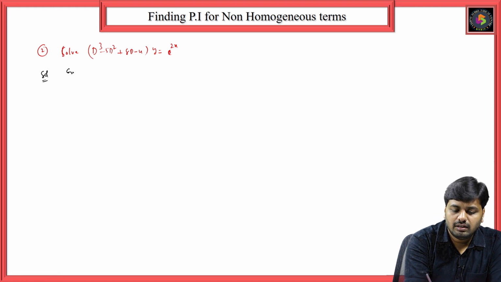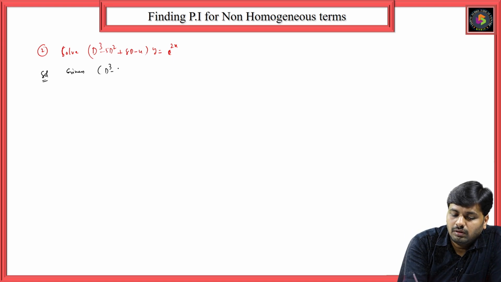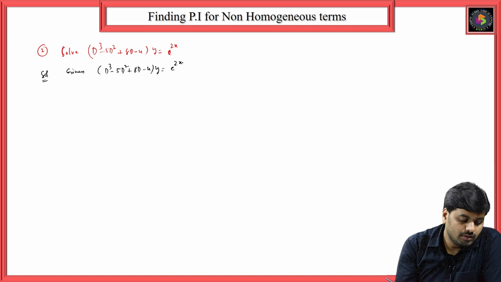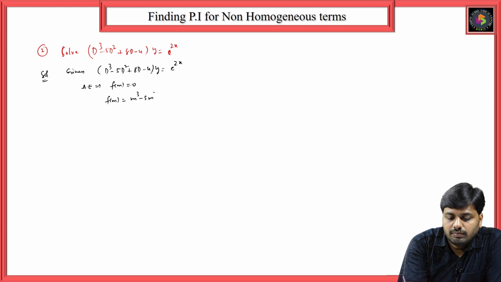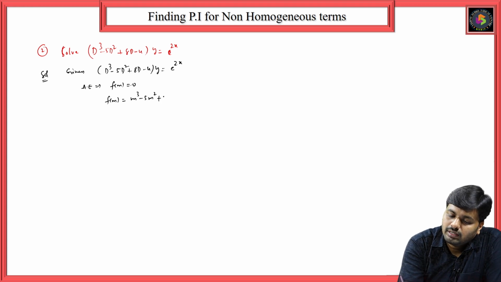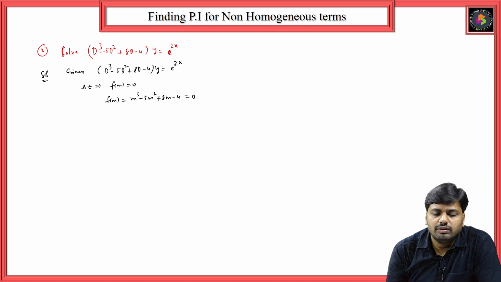The given differential equation is (D cube minus 5D square plus 8D minus 4) of y equal to e power 2x. Now we'll find the auxiliary equation, f of m equal to 0, that is m cube minus 5m square plus 8m minus 4 equal to 0. To solve this equation, we'll go with the trial and error method.